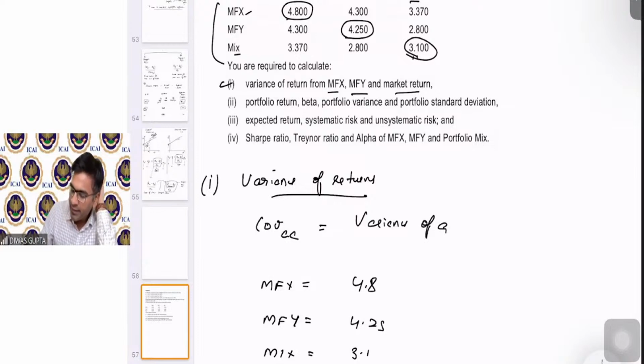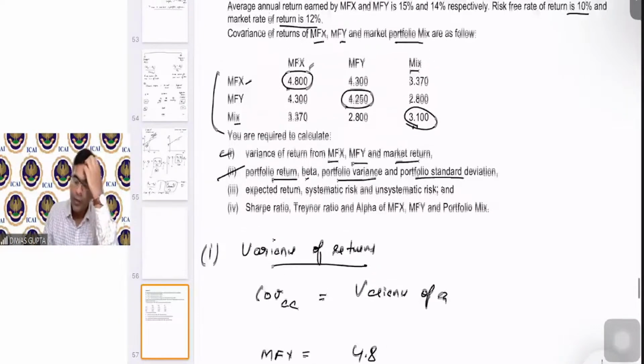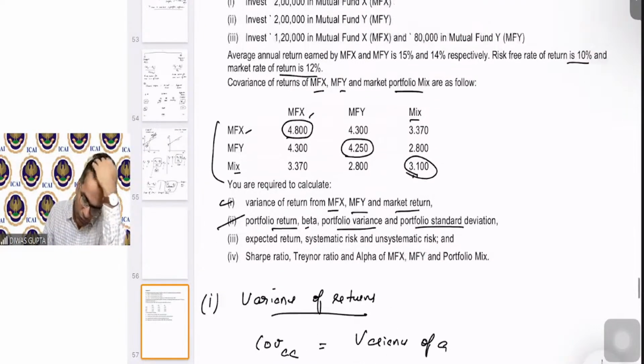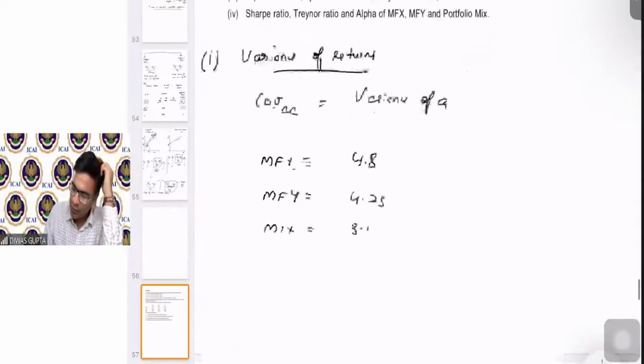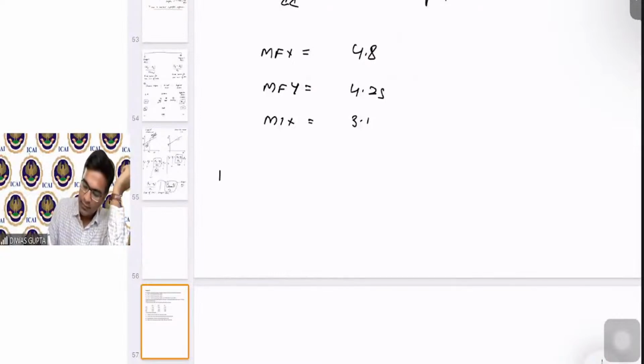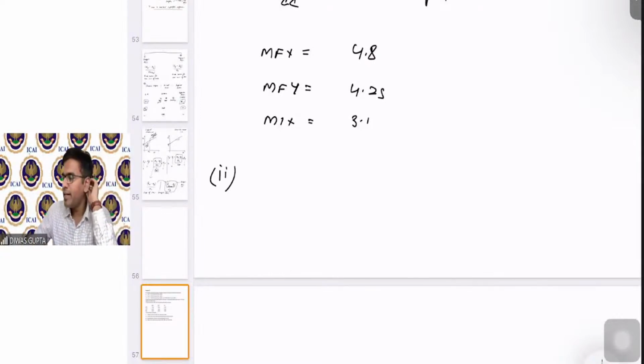Okay, students. Second part: portfolio return, beta, portfolio variance, and portfolio standard deviation. Now they're talking about this portfolio. The portfolio was 120 in X and 80 in Y. So first of all, can we calculate portfolio return? Yes. Individual returns multiplied by their weights.